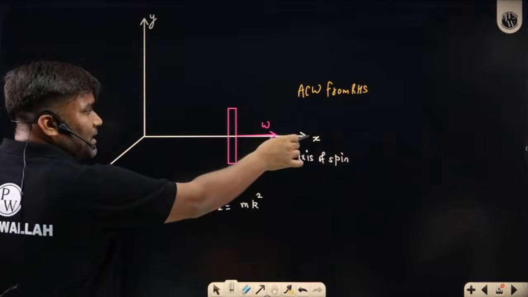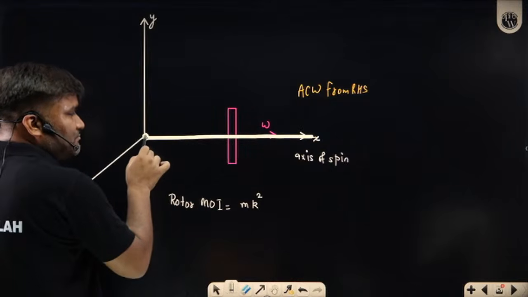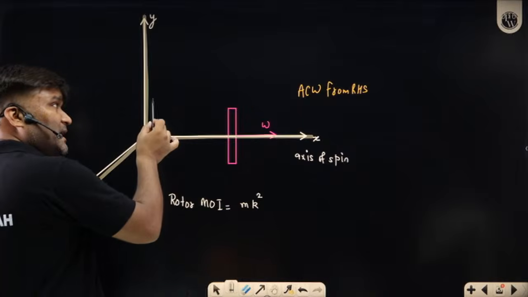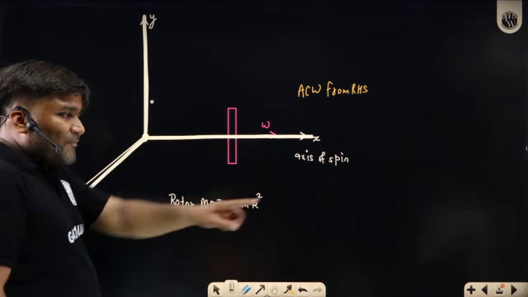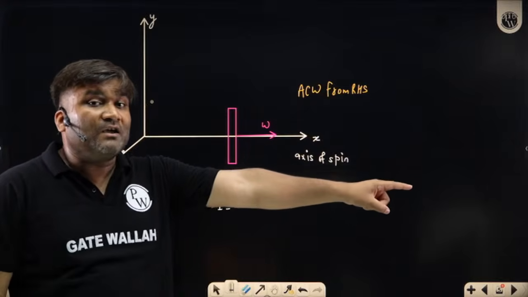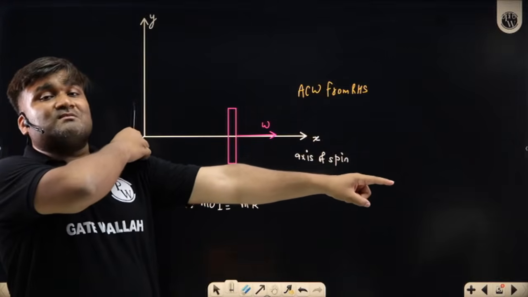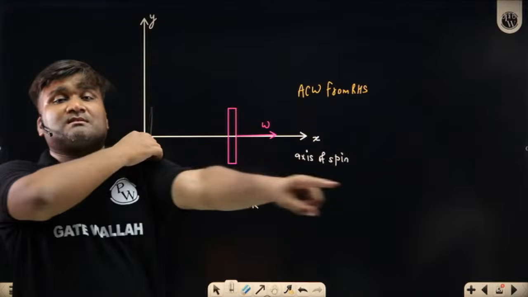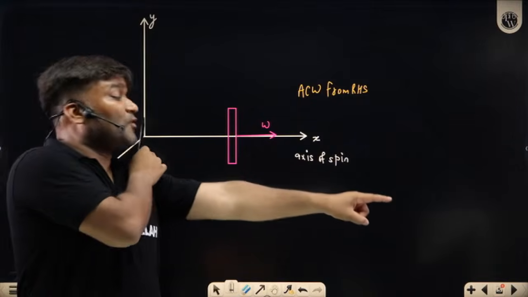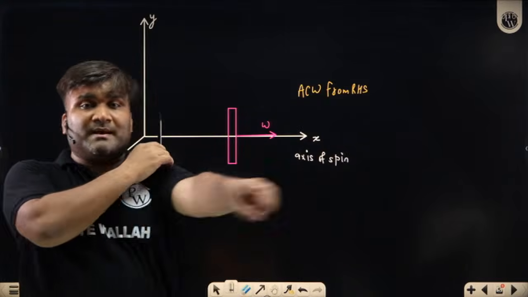Now, if perpendicular to this axis of spin, maybe y axis or maybe z axis, about any of these axes, my axis of spin starts rotation. For example, if about y axis, it will rotate like this, maybe from the top, maybe clockwise or maybe anti-clockwise.